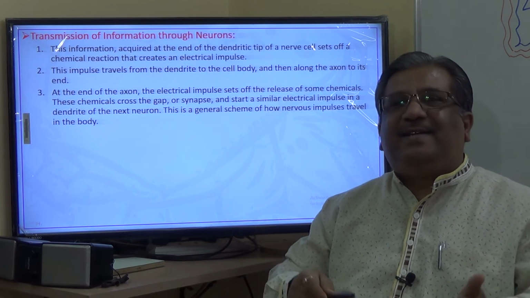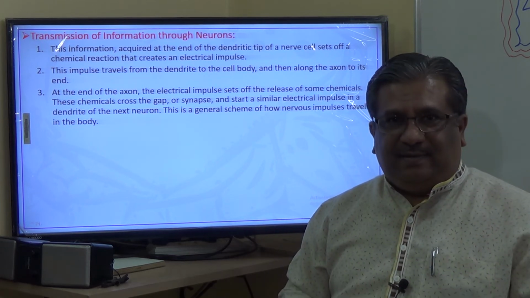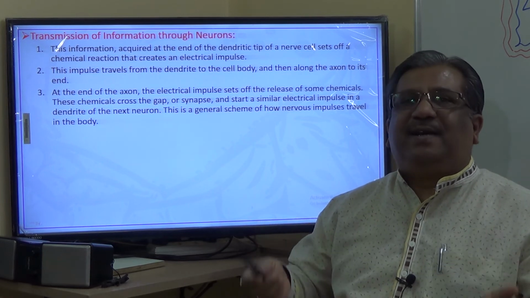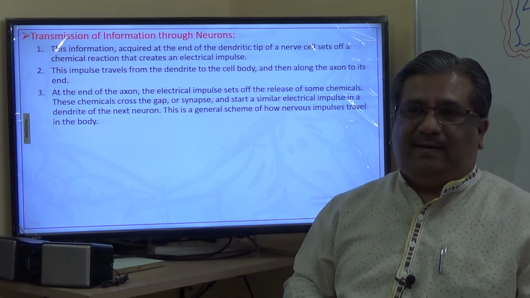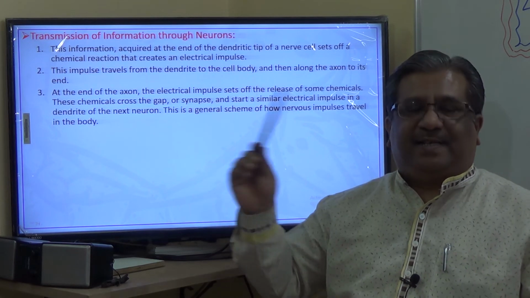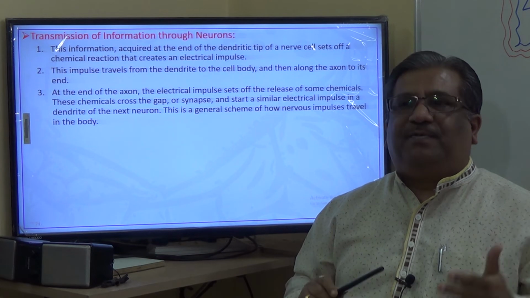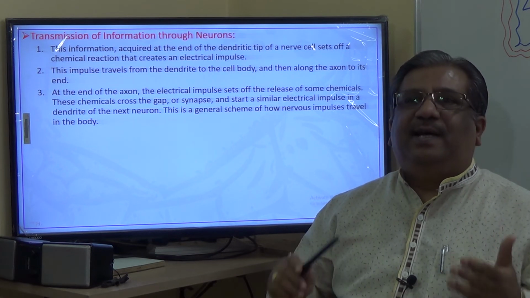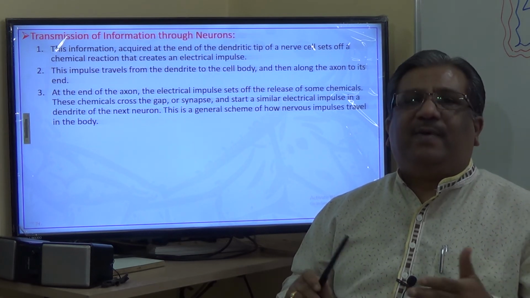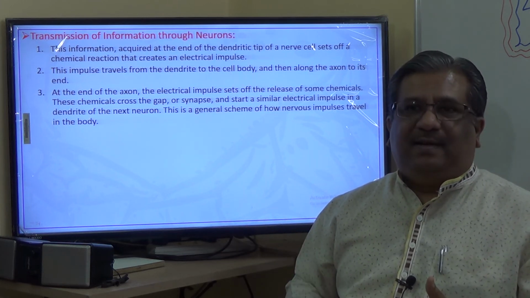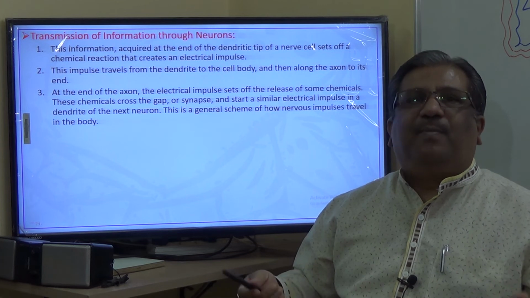There it initiates a chemical reaction, chemical plus chemical reaction. That chemical reaction generates an electrical signal. Further it is transmitted, and this is the general scheme of the flow of nerve impulse, which is in the form of an electrochemical signal throughout the body.